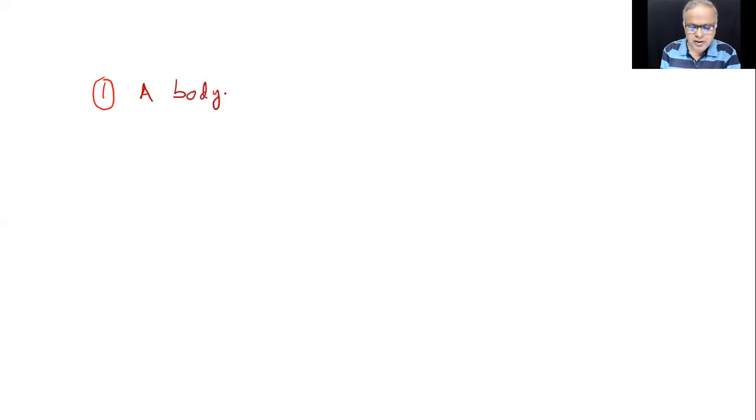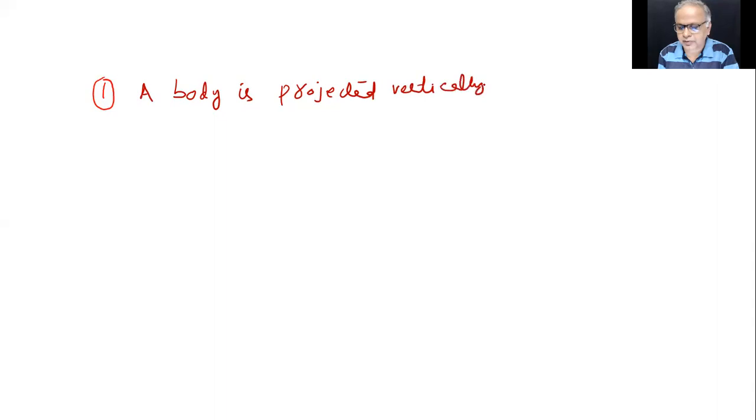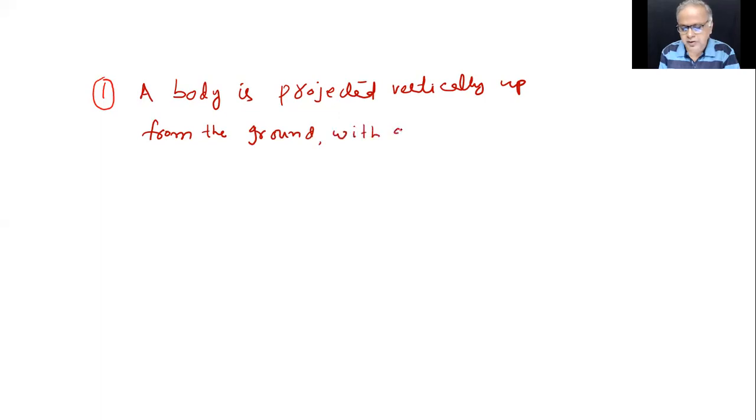Look, I'll make it simple for you. A body is projected vertically up from the ground with a speed of 40 meters per second.